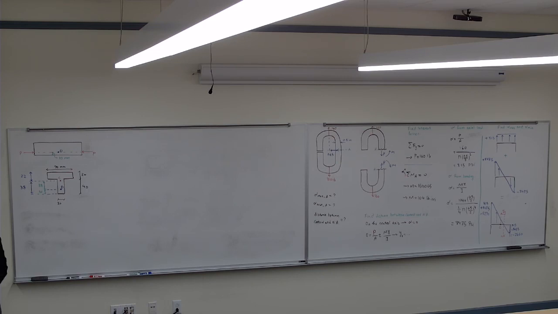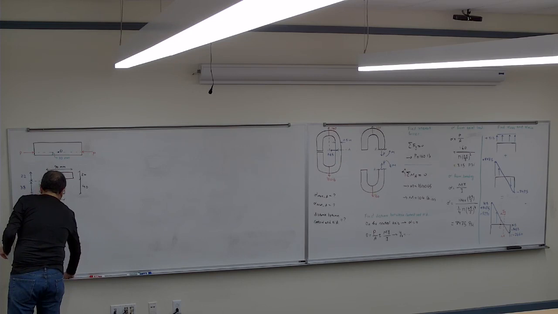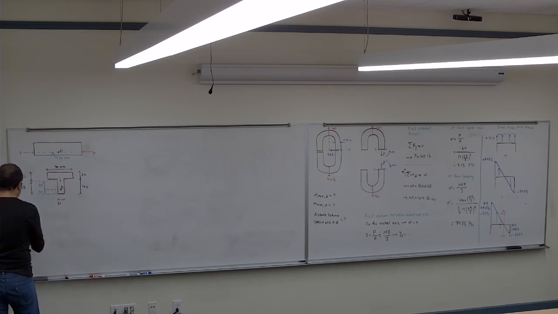So for that cross section, what we know is that the y bar, the distance, is 38 millimeter. The I would be, because we have it in another example, 868 times 10 to negative 9 meter to the 4.